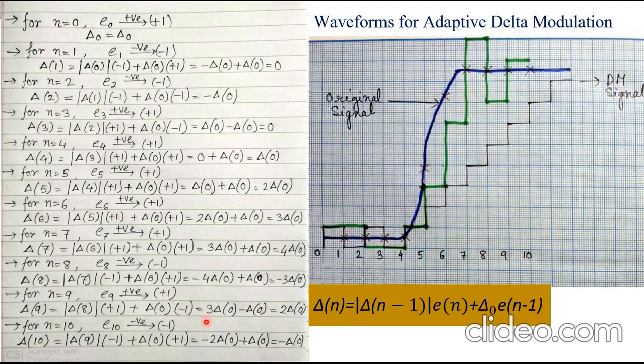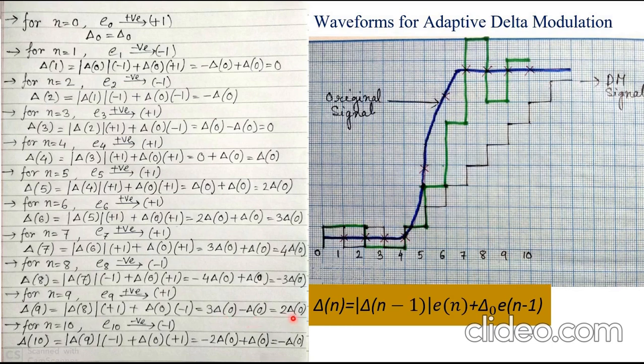So the value of delta 8 is -3 delta 0, and because of this mod, it will be 3 delta 0 minus delta 0 equal to 2 delta 0.